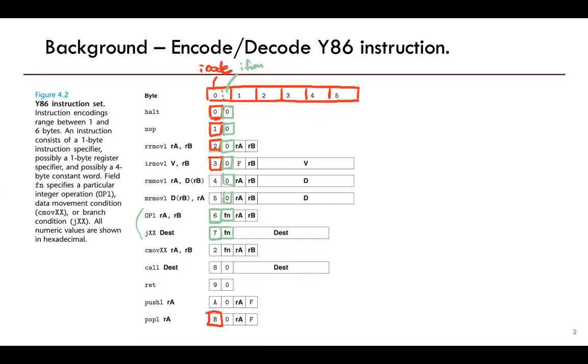So these first two boxes, the first byte, are fixed, and have the same meaning for all the instructions. But later bytes have different meanings for different instructions. Because of that, let's go through one instruction at a time and understand the meaning of the later bytes.